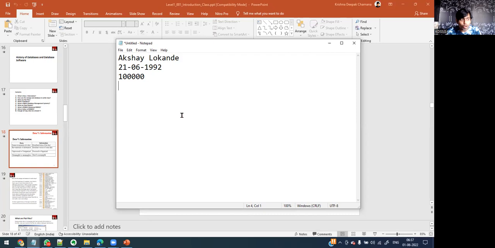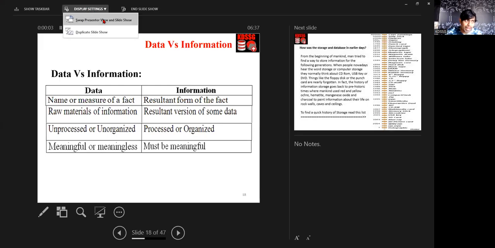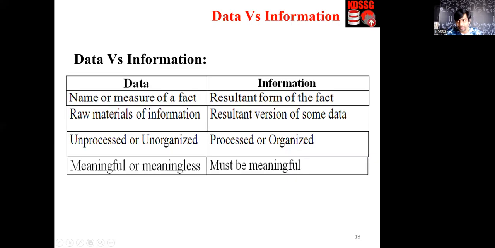Of course, now I gave you a clue, so you understood. Is it date of birth or date of joining? So this is raw fact, this is data. Whereas if I write employee name, employee number, and then put all the details there, it becomes information. So technically, raw facts are called data.